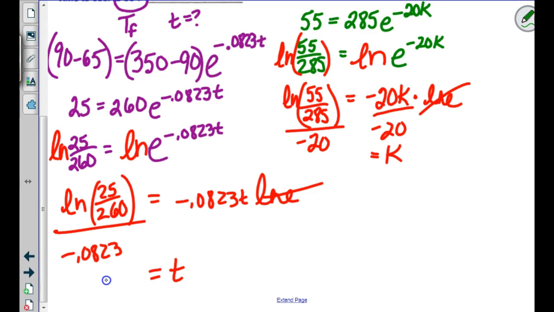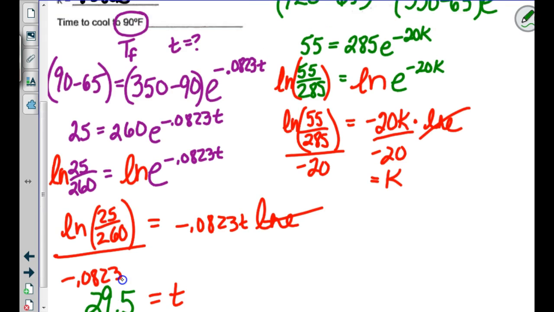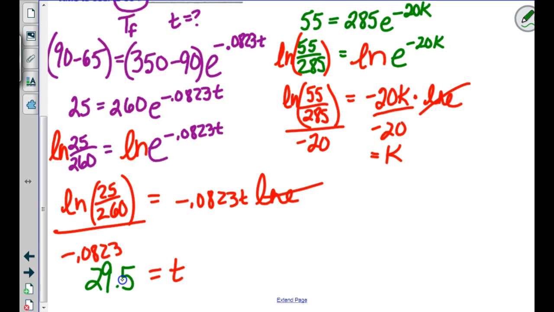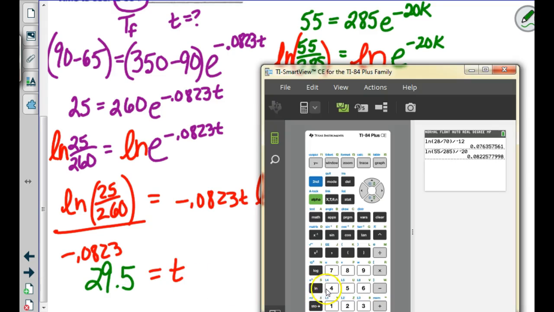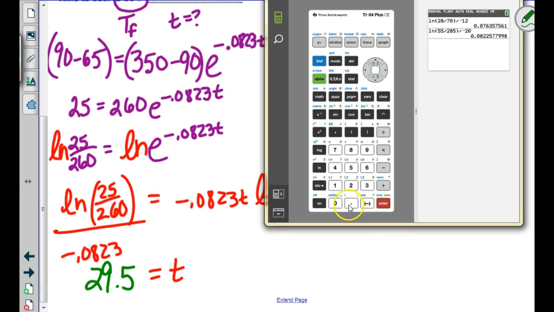Can't hear over that thing. Thank you. Did anybody else get 29.5? No? Yes? Did it round differently depending how many places you went, or you got 0.6?